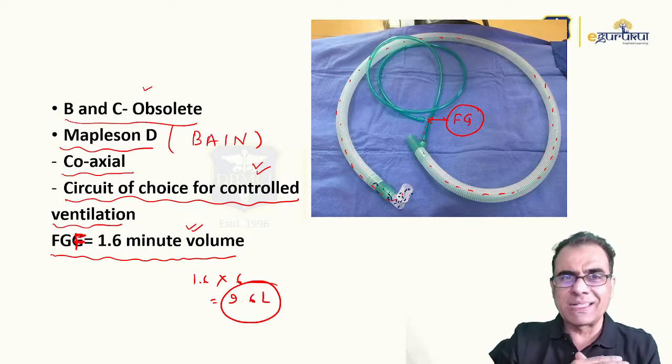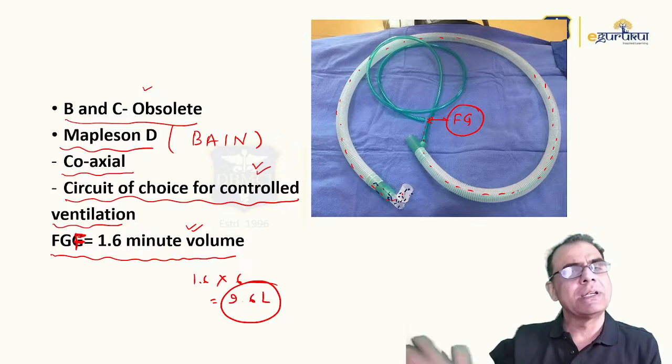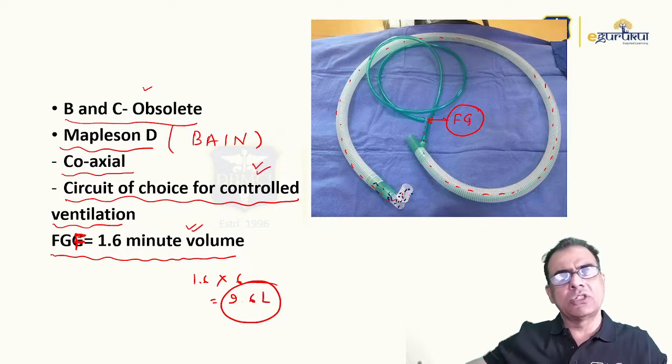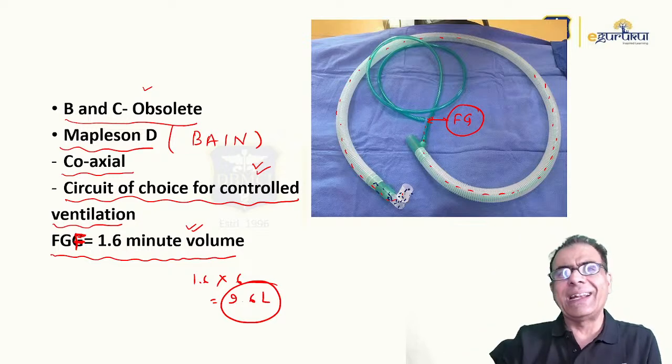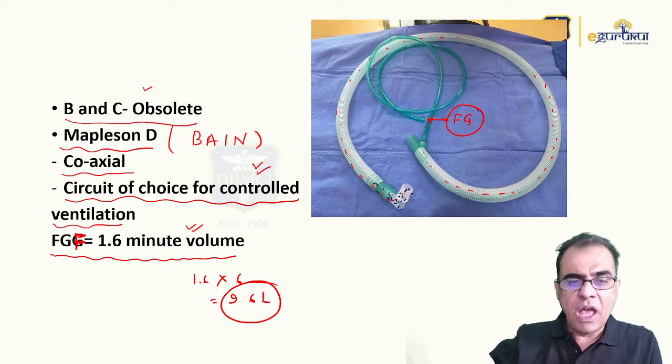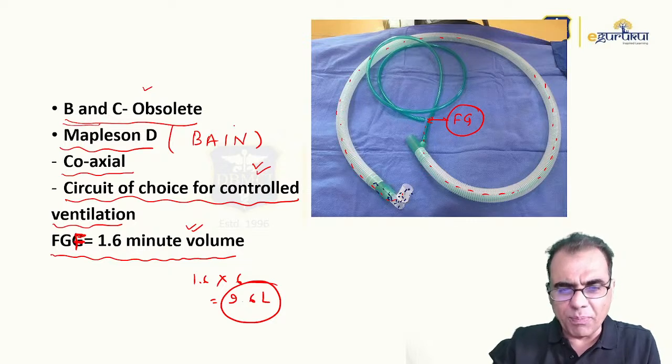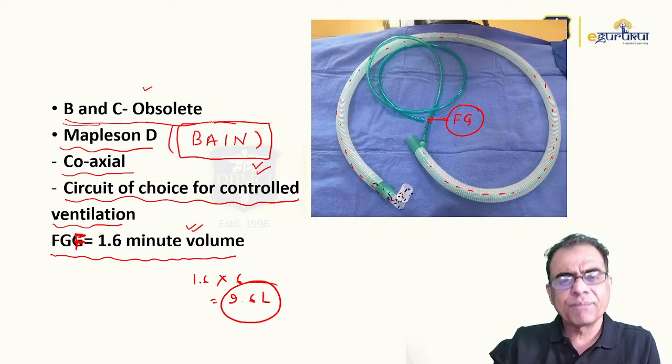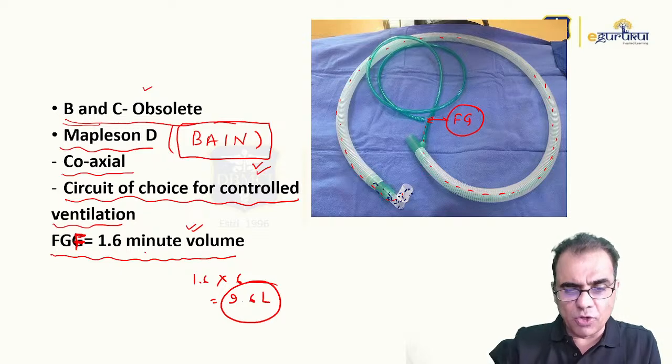We are giving muscle relaxant to paralyze the patient. Patient is paralyzed, cannot take his or her own breath. So the ventilator is giving ventilation to the patient, and in that case you will be preferring Mapleson D or Bain circuit rather, I will say. And fresh gas flow you are going to keep is 1.6 times of minute volume.